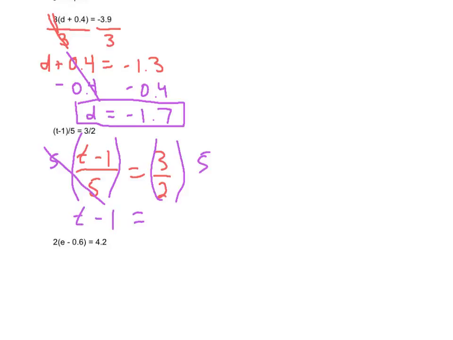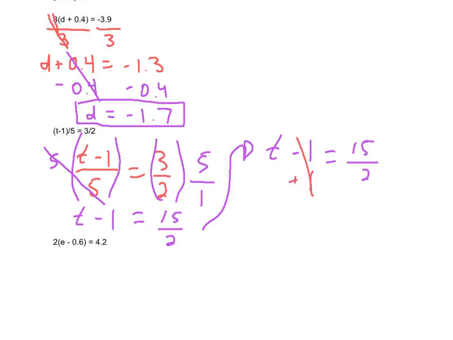Over here we've got 3 halves times 5. Remember, that's multiplying fractions. You multiply the tops and the bottoms, so 3 times 5 is 15 over 2. We've got t minus 1 is equal to 15 over 2. Since 1 is being subtracted from t, we're going to add 1.